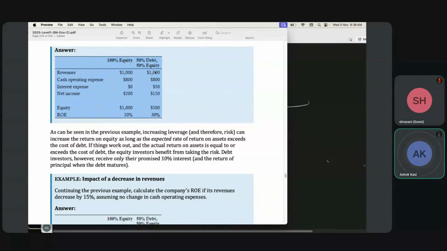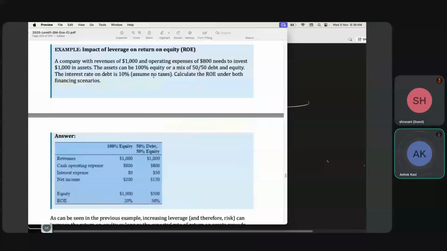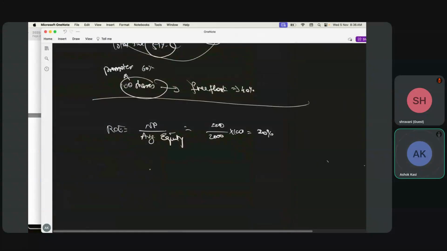So here what happens? Instead of having this 1,000 rupees on your own, it is 50-50. So 500 equity and 500 bond. In that case, what would have happened? You have to pay interest.